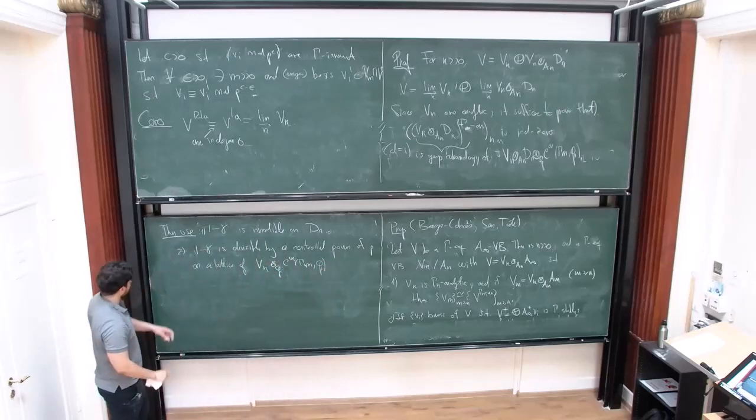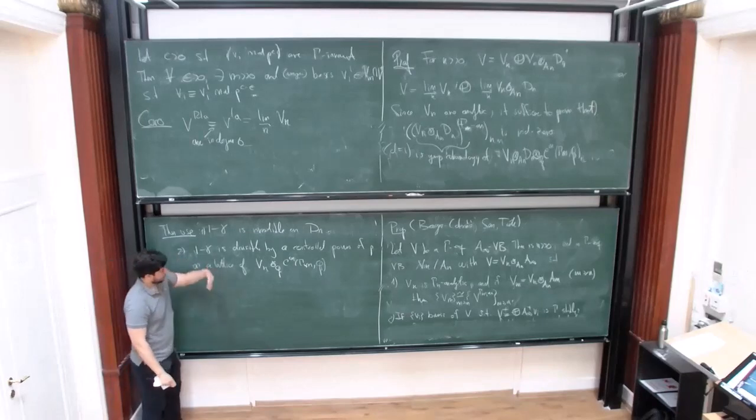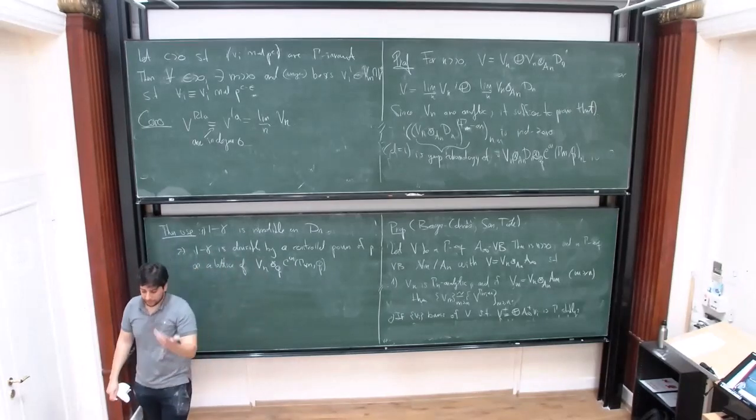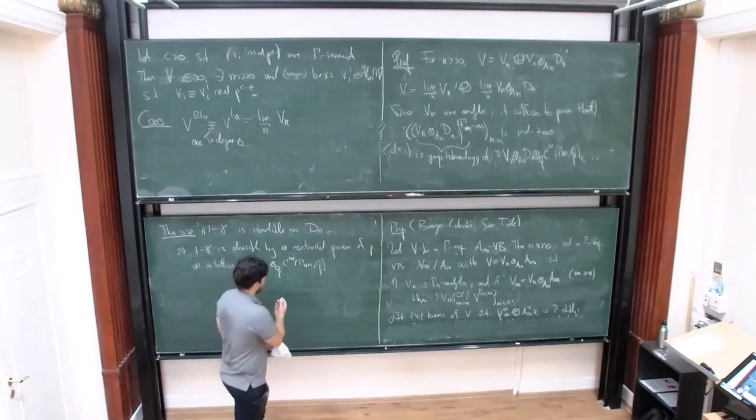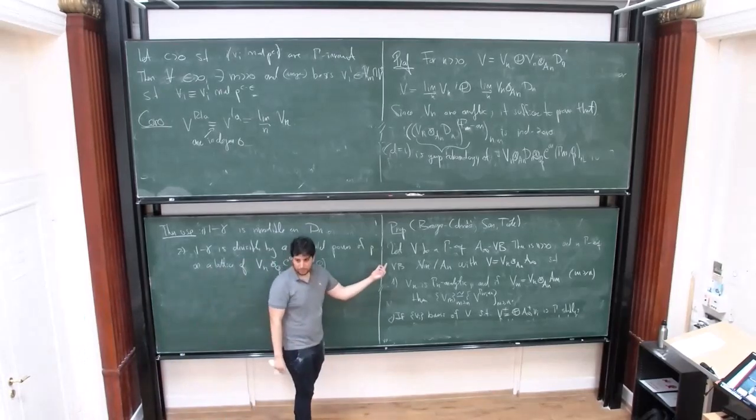Basically, this is telling you that being an analytic representation, broadly speaking, means that the augmentation ideal of the Iwasawa algebra is divisible by a power of p.